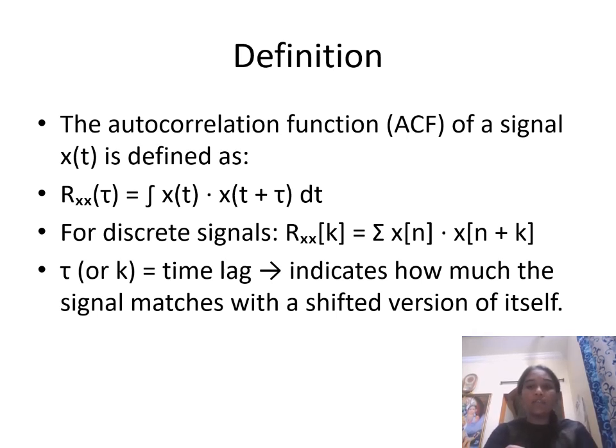The autocorrelation function of a signal x of t is defined, as I said before, as Rxx of tau equals the integral of x of t into x of t plus tau dt. For discrete time signals, Rxx of k equals the summation of x of n into x of n plus k. Tau or k is the time lag and indicates how much the signal matches with the shifted version of itself. It's a brief explanation that I have given before.